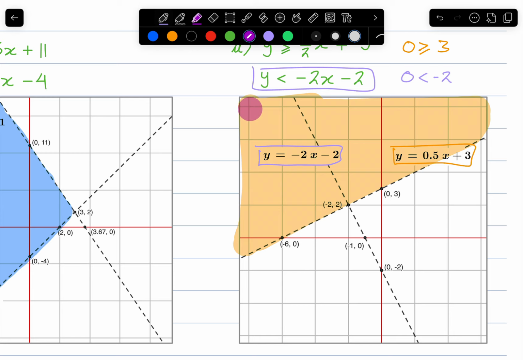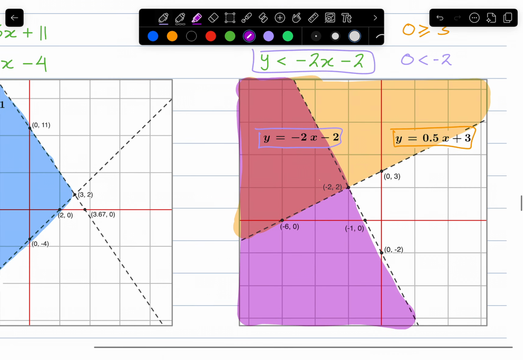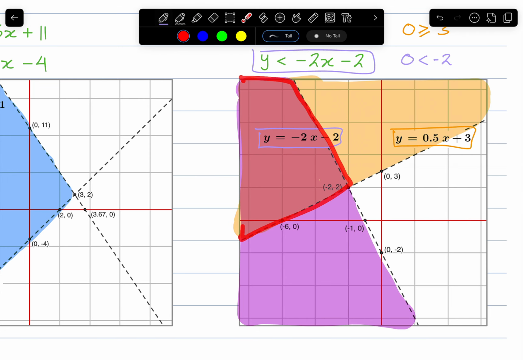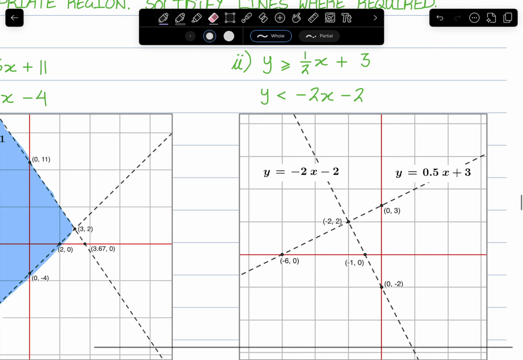So we are going to shade the region opposite. So it's this region that we are shading. You can see there's a shared or an overlap. That's this one here. So that's the correct combined region that we need to shade in. So doing that one in blue.